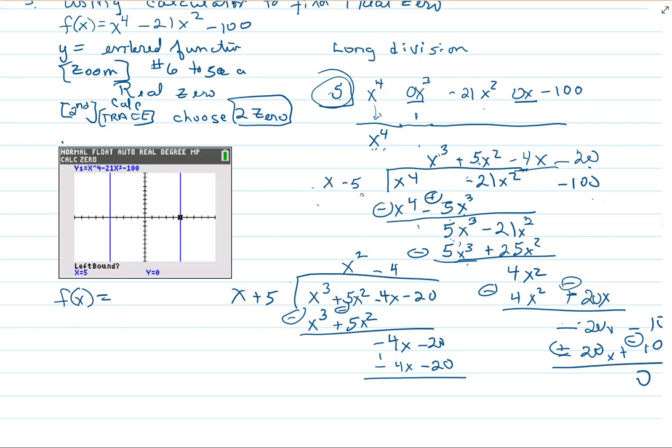Draw my line and change my signs, and I get 0. So those are my factors. X minus 5, x plus 5, and x squared minus 4, which this guy can give me a plus and minus 2, because there's difference of perfect squares.